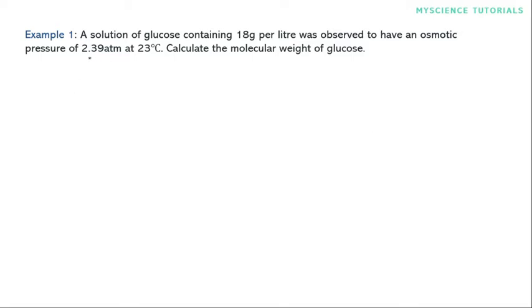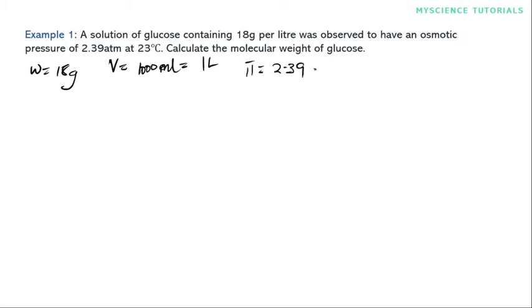So the mass, small w, is 18 grams per liter, which means our volume is 1000 milliliters, which is 1 liter.